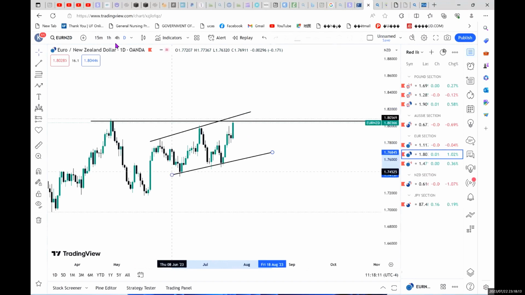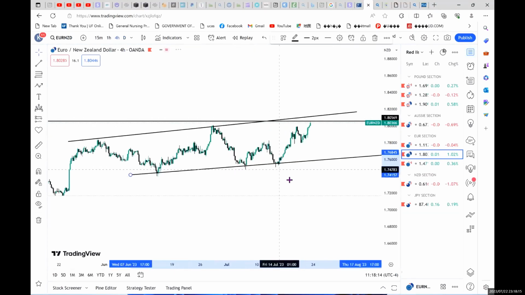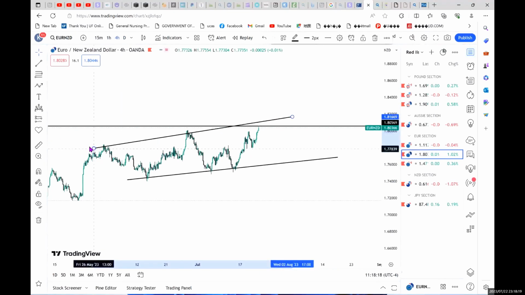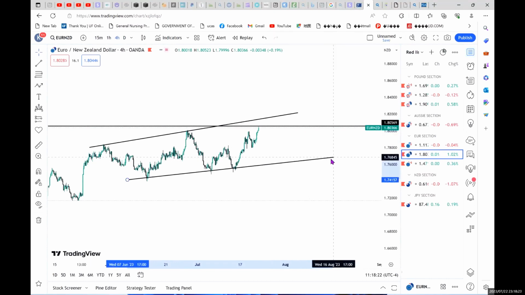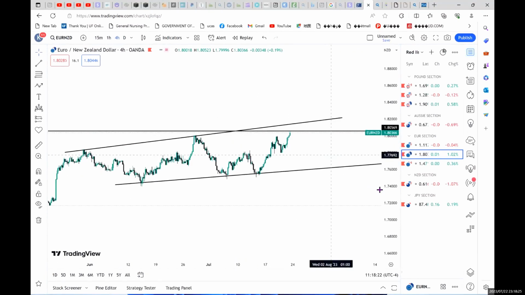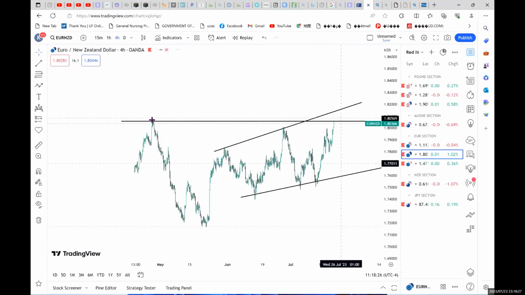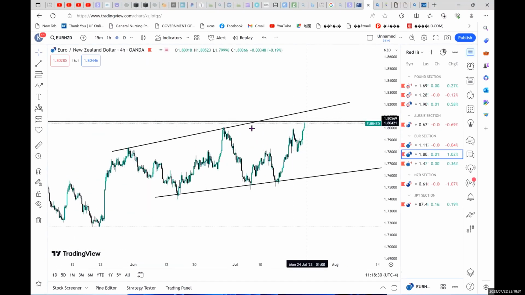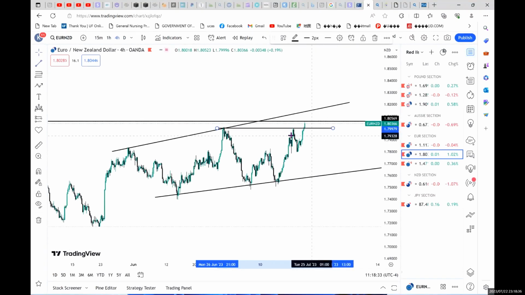Let's check the H4, see what we have. Okay, so as you can see, price is at our resistance here on this side, and it also reached this previous high and broke it.